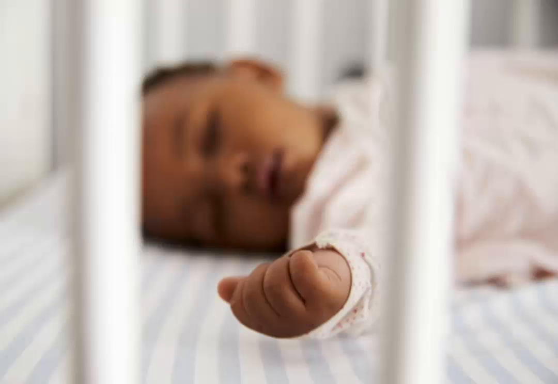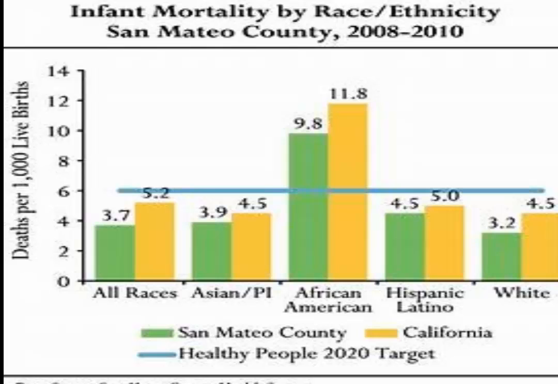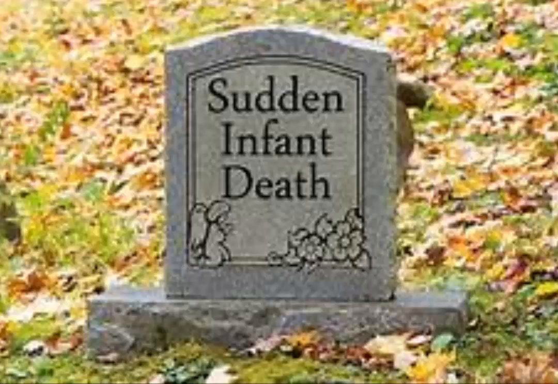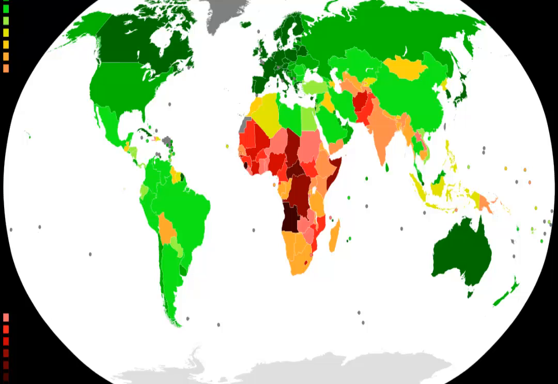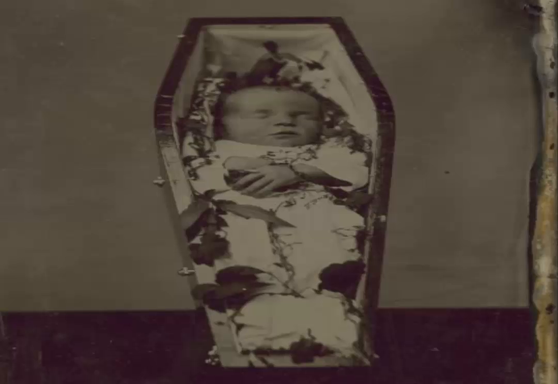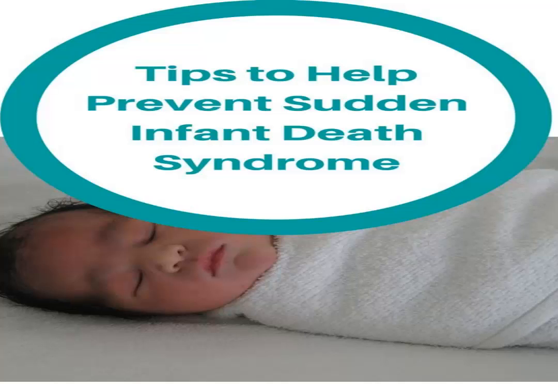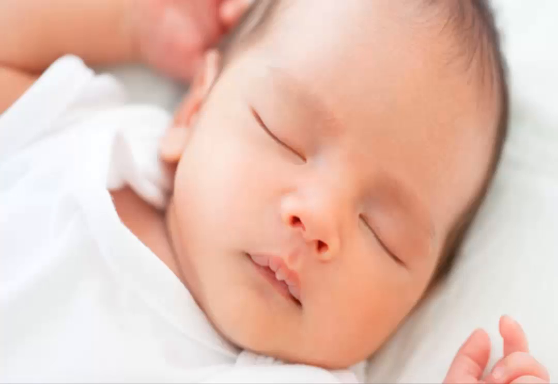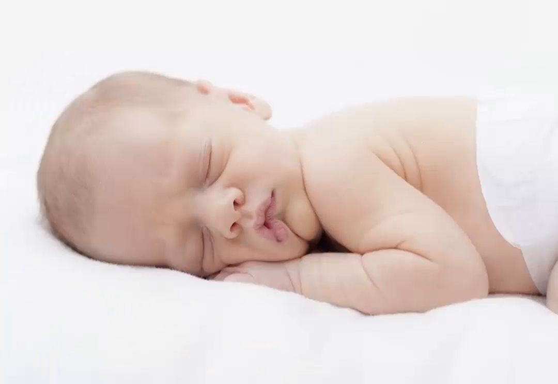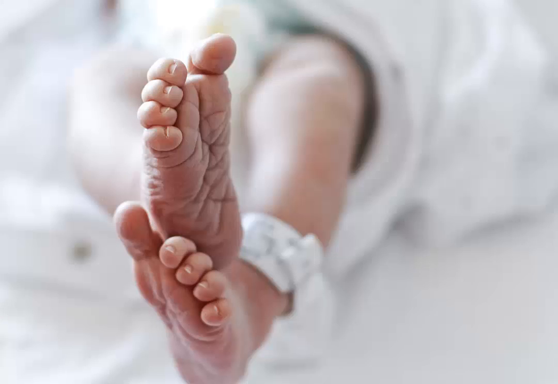Consider the following ways to help reduce the risk: preventing birth defects, addressing preterm birth, low birth weight and their outcomes, getting preconception and prenatal care, parental care, creating a safe infant sleep environment, using newborn screening to detect hidden conditions.